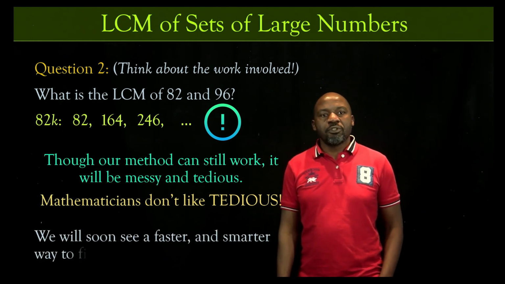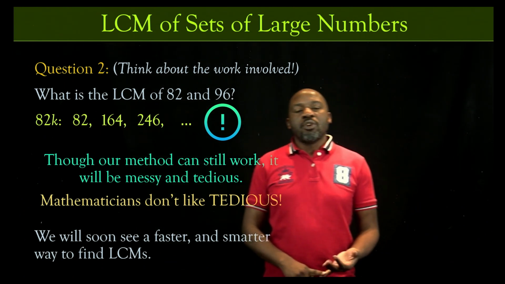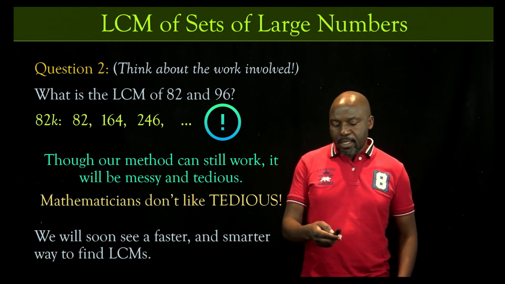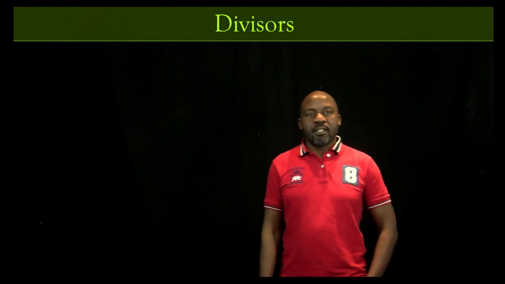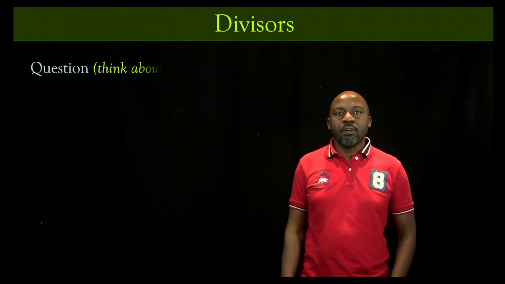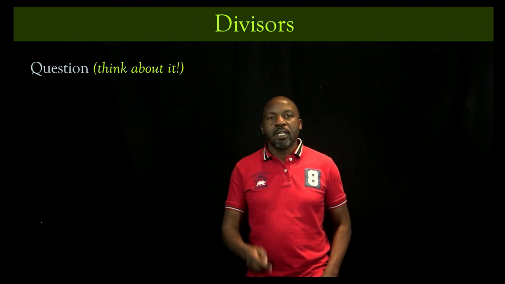In the meantime, I want to introduce something else. So we know what we mean by multiple, and we know what we mean by LCM, the least common multiple. So now let's talk about the next thing, and that is divisors, also called factors sometimes. Again, I just want us to think about this.